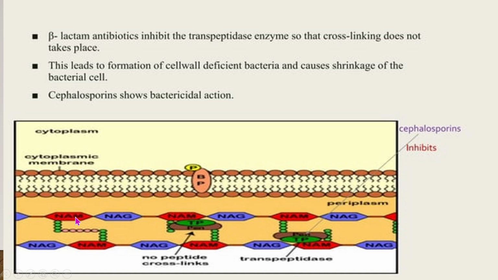This is N-acetylmuramic acid and N-acetylglucosamine, and this N-acetylmuramic acid is going to form the cross-linking with the other N-acetylmuramic acid. But as cephalosporin is going to inhibit the enzyme, that is a transpeptidase, it will not complete the procedure of transpeptidation from the first strand of N-acetylmuramic acid to the second strand, as the enzyme is blocked by the drug molecules.